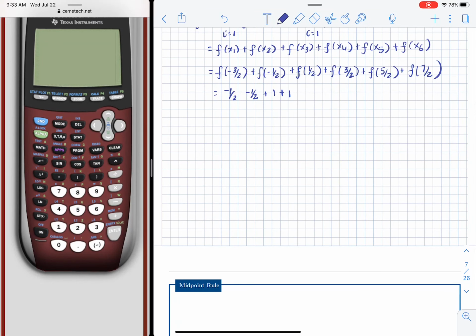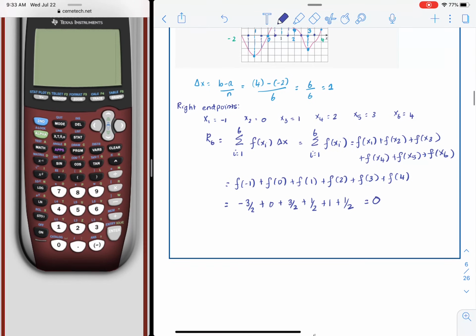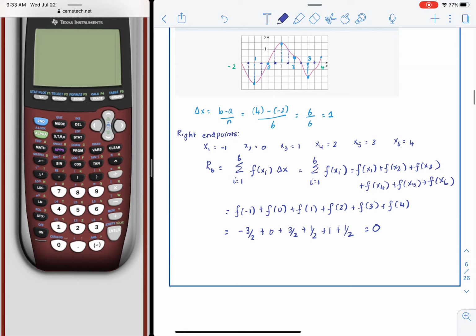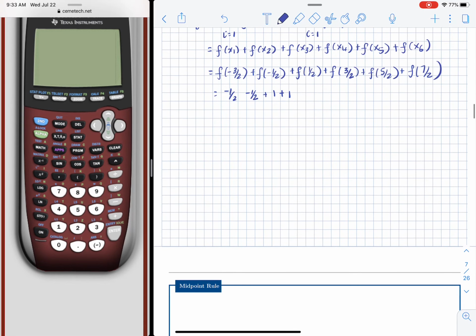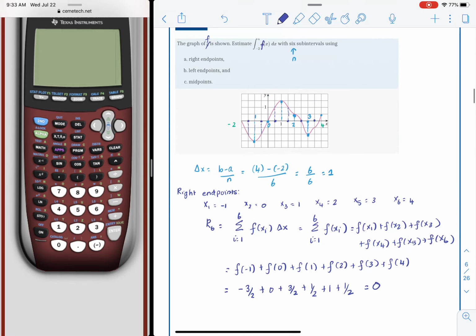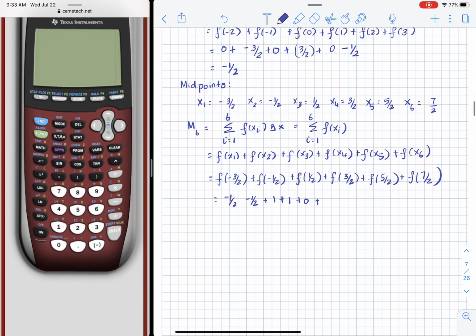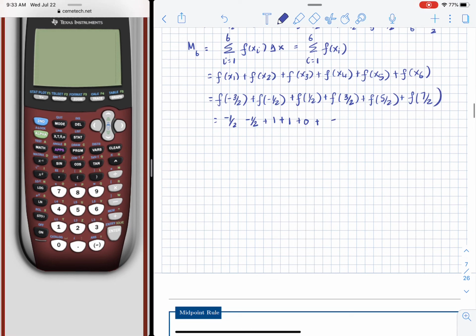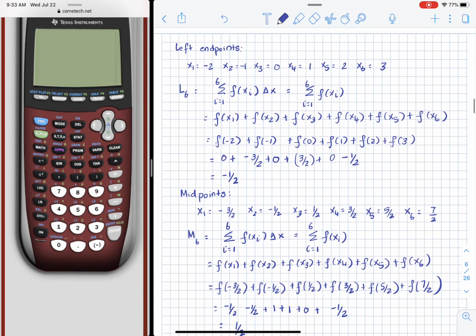And at 3 over 2, we have 1. At 5 over 2, we have a value of 0. And at 7 over 2, that is between 3 and 4, we have negative half. So if we combine everything, we end up getting 1/2 as the answer.